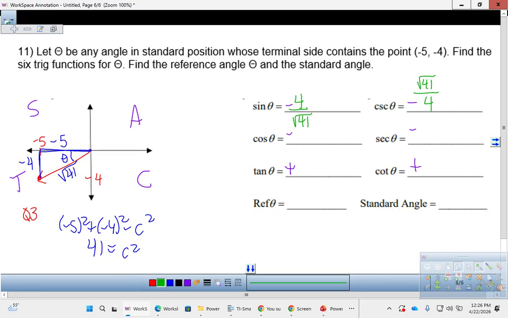You would have to rationalize this one by multiplying by root 41. Cosine would be adjacent over hypotenuse, which again is negative because the 5 was to the left. And then if I flipped that, it would be root 41 over 5. You would have to rationalize this one.